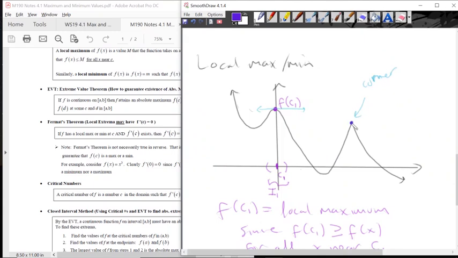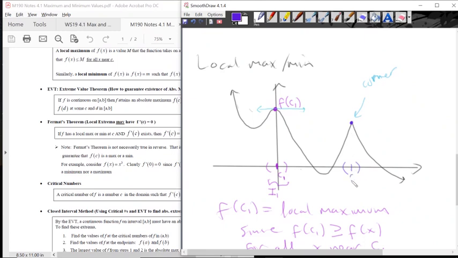It's not the greatest y value for the whole function; in fact, this y value is larger than that y value. But the y value we get here is larger than any other y value within a neighborhood that we can stretch to the left and right of the input there.